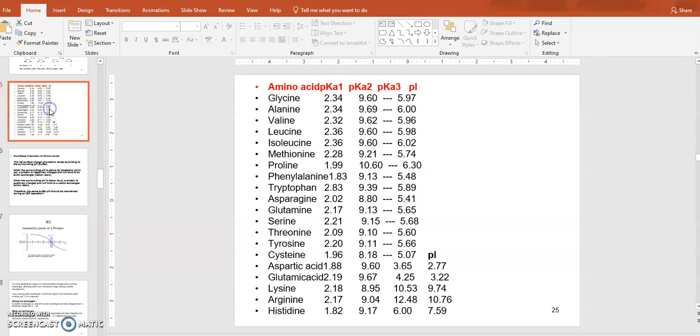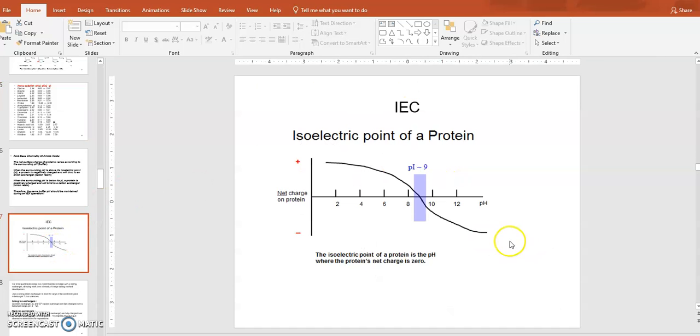By calculating all the pi values of the amino acid composition of your protein, you can find out at what pH your protein will be neutral. Once you know that, you can use this graph. On this graph, the y-axis is positive or negative charge, and the x-axis is the pH values, from maybe 0 all the way to 14.